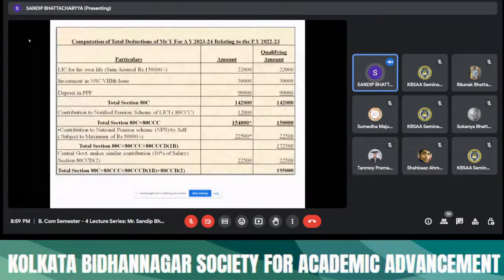So what is my total deduction? 80C, 80CCC, 80CCD 1B plus 80CCD 2, it is 1,95,000.